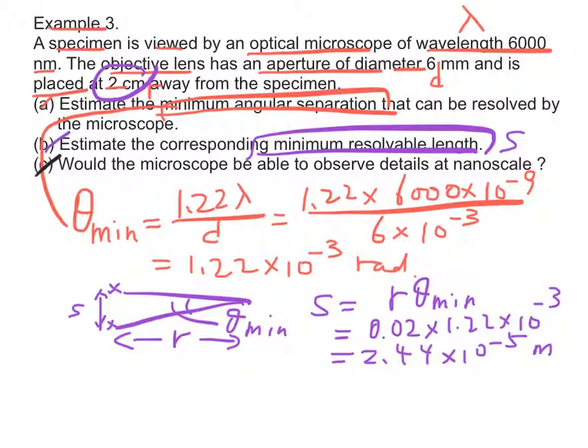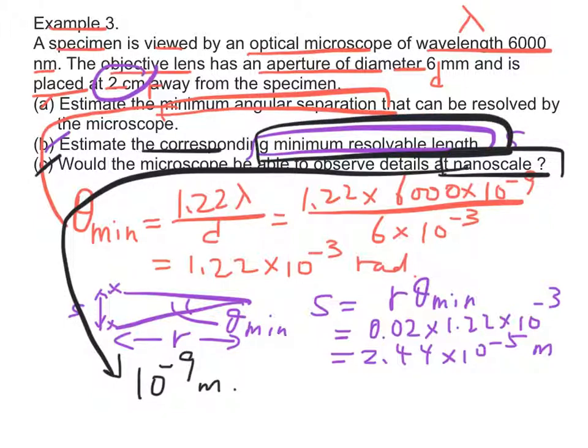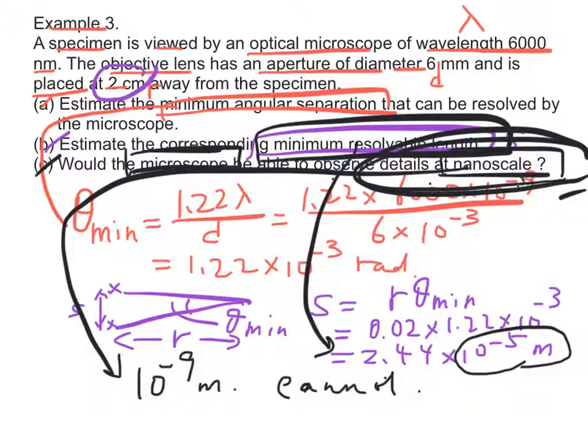For part C, the length at nanoscales is of the order of 10 to the power negative 9 meters, since the corresponding minimum resolvable length is found to be of the order 10 to the power negative 5 meters only. Therefore, the microscope cannot be used to observe details of materials at nanoscale.